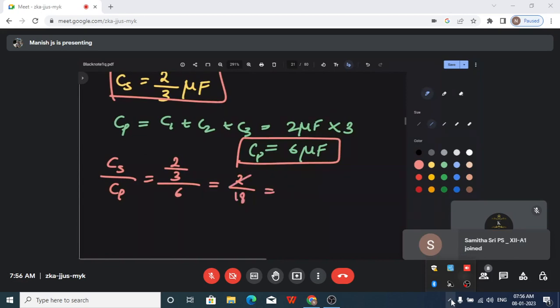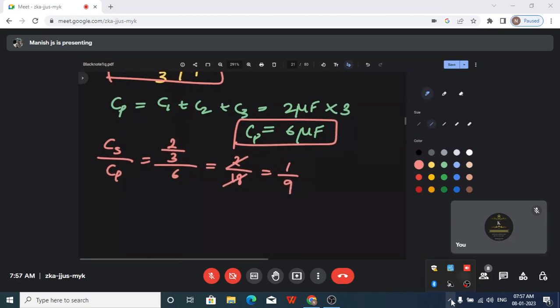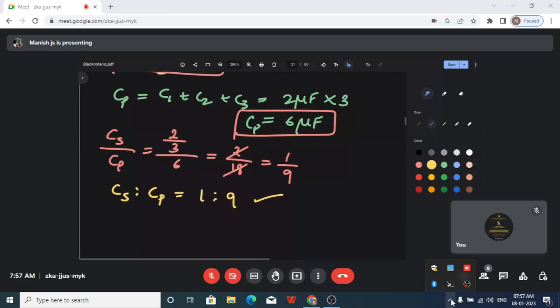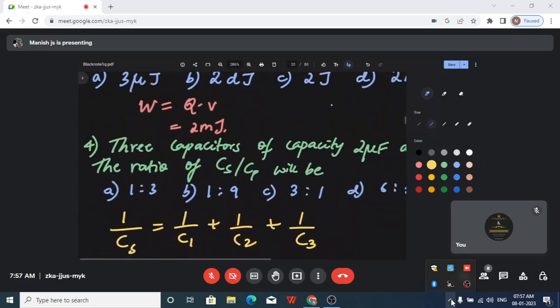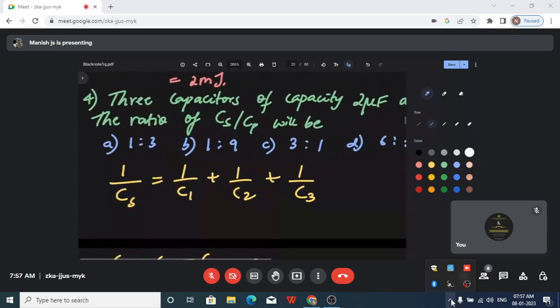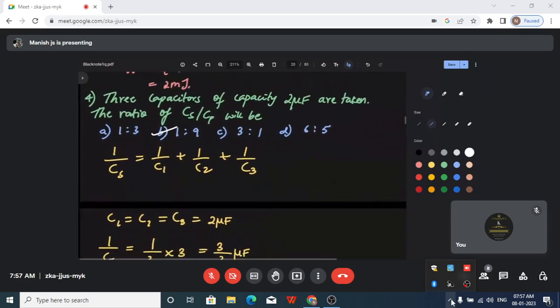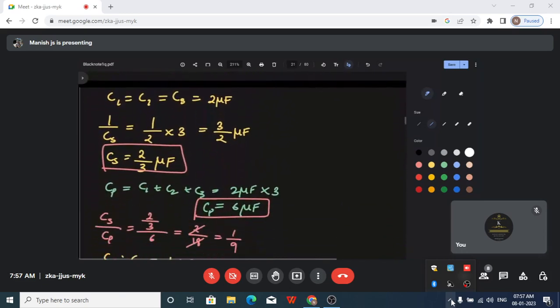Then simplify, so 1/9. So CS is to CP is equal to 1:9. That is the answer. So the answer is option B. Okay, that is the correct option. This is how you solve this type of question. This is a detailed solution.